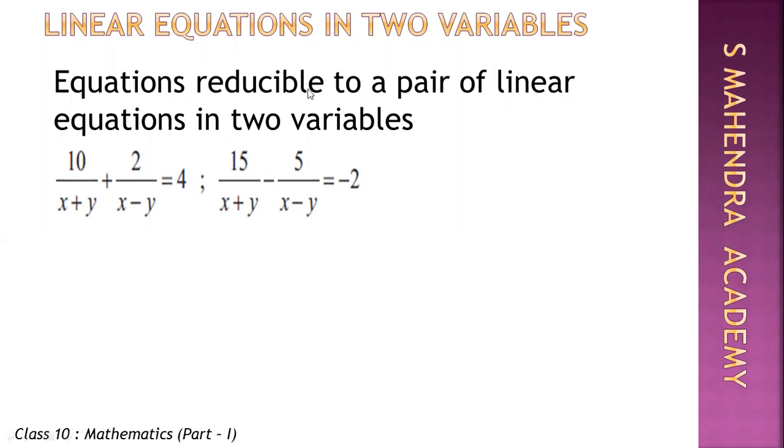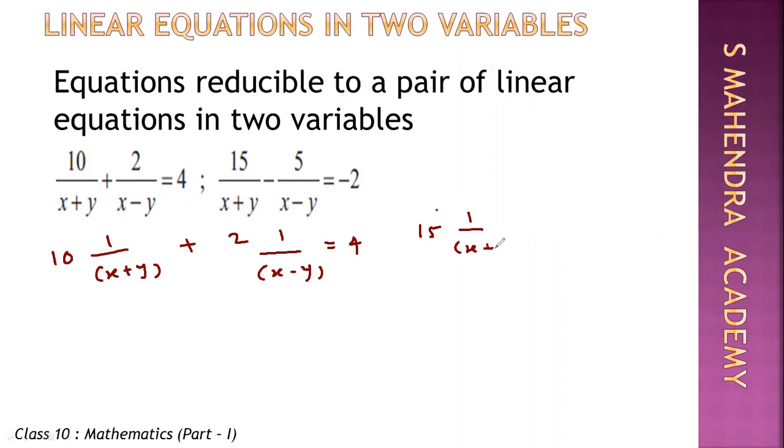Now here we can write the first equation as 10 into 1 upon x plus y plus 2 into 1 upon x minus y is equal to 4, and here 15 into 1 upon x plus y minus 5 into 1 upon x minus y is equal to minus 2.